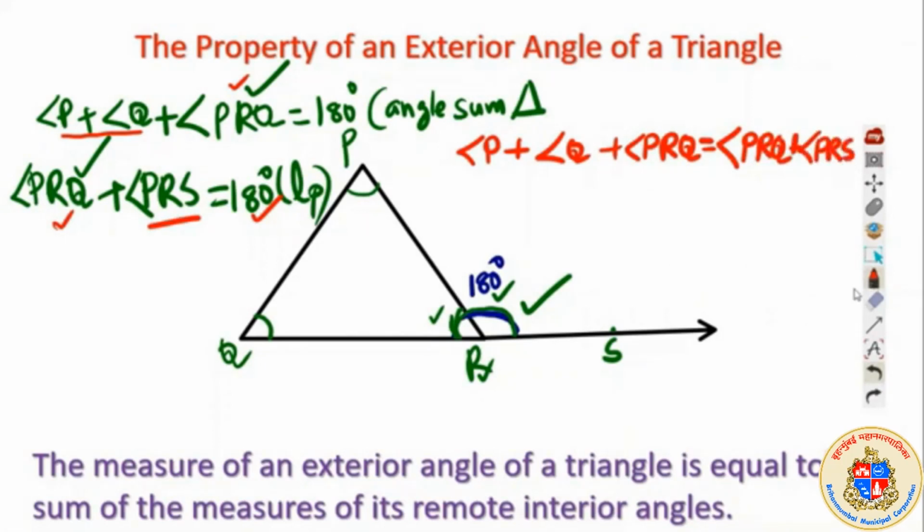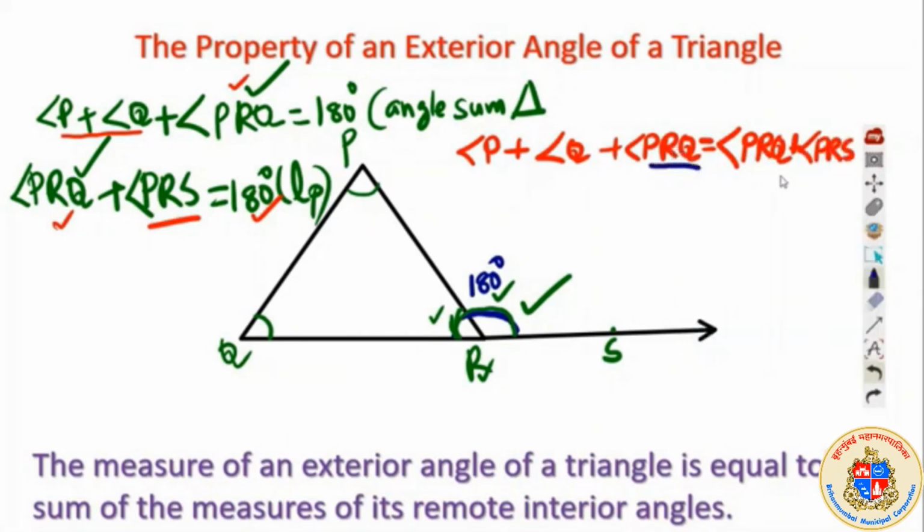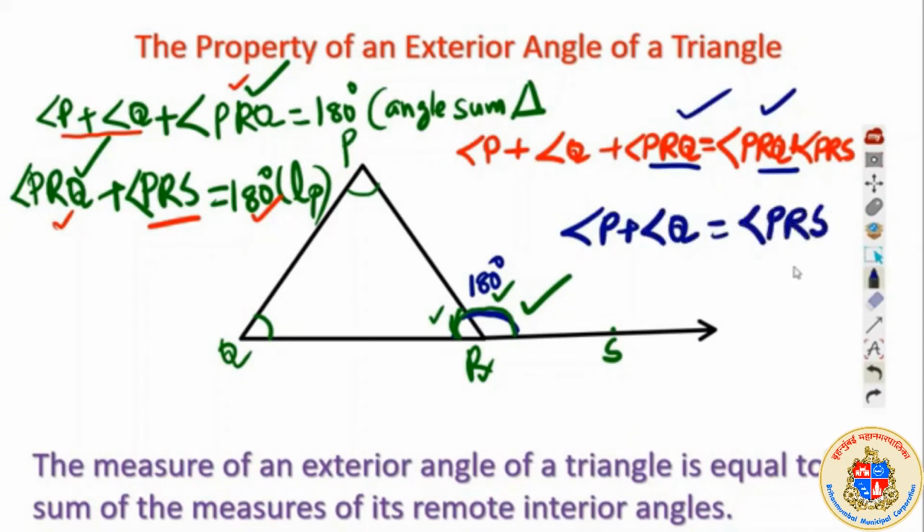Then where do we look? We'll take care that here PRQ is here, PRQ is here. We will subtract it, remove it from both sides. That means angle P plus angle Q is equal to angle PRS. My dear students, very important property you learned.